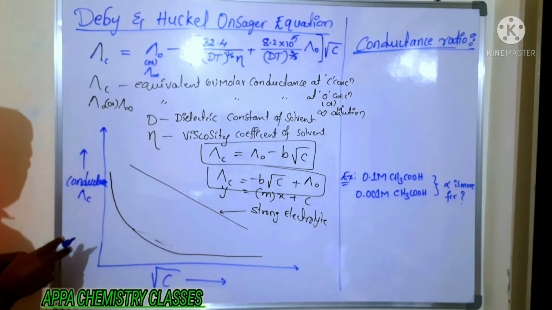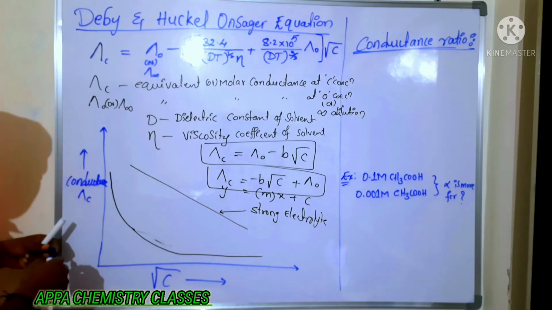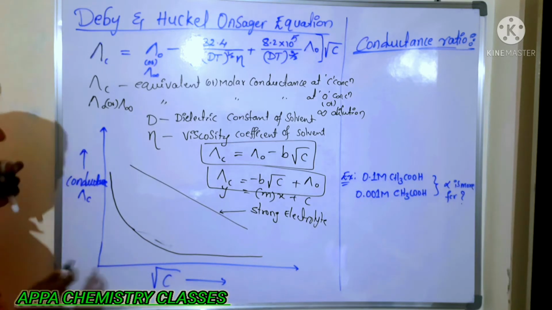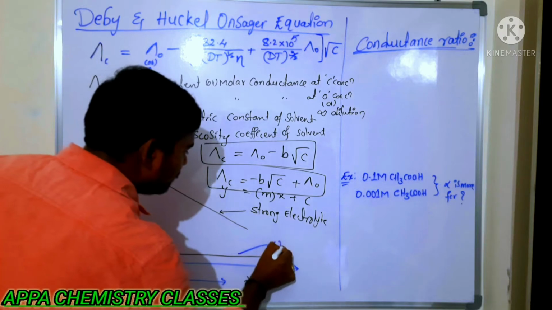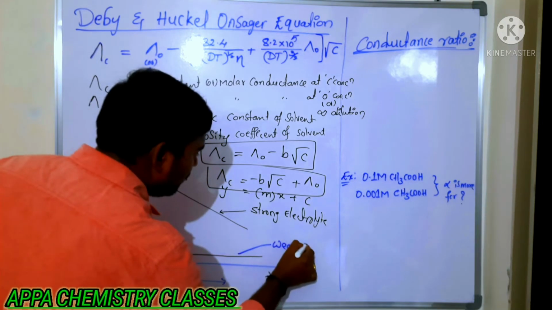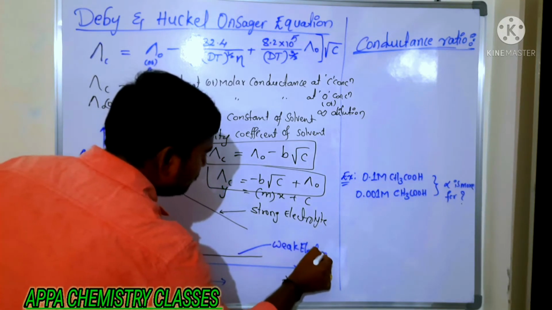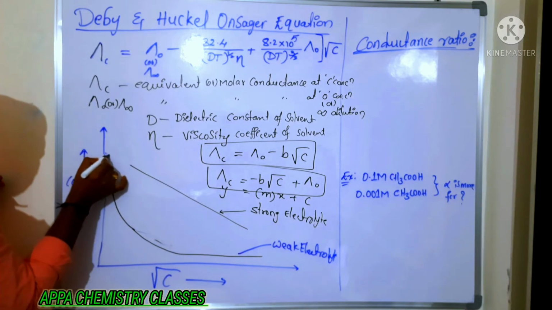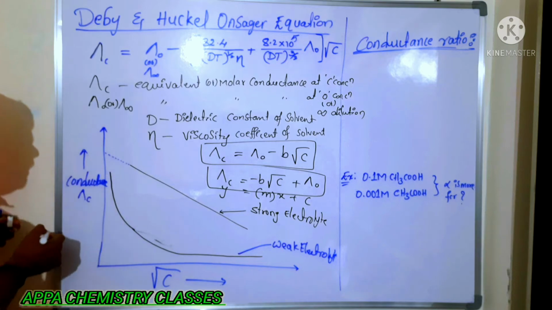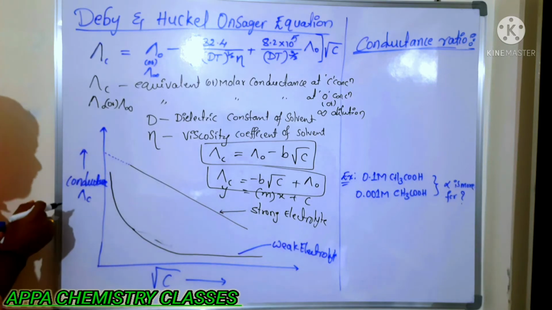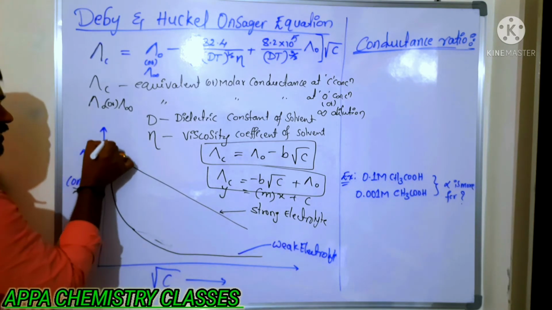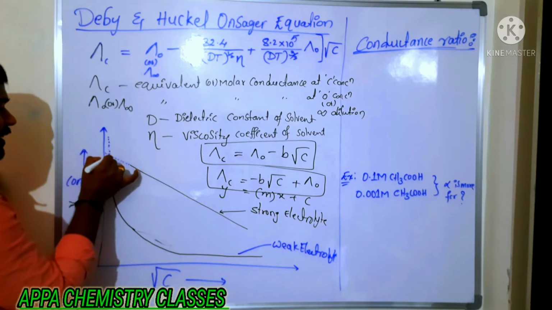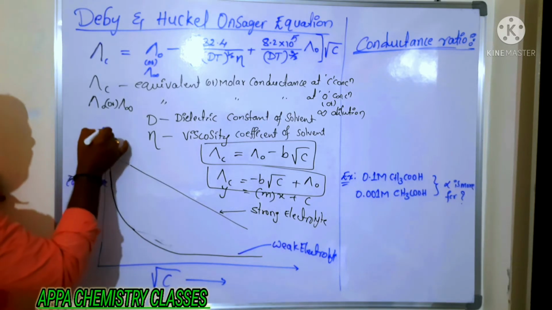So by extrapolating the curve of a strong electrolyte, the conductance at infinite dilution can be calculated. But for a weak electrolyte, the exact conductance cannot be calculated.